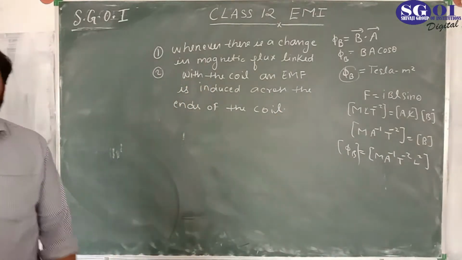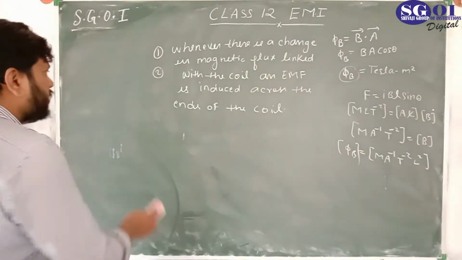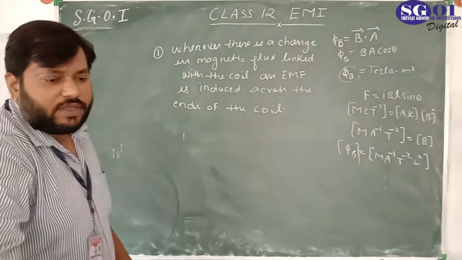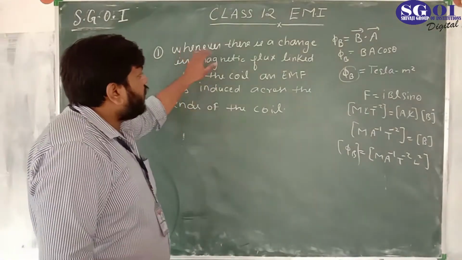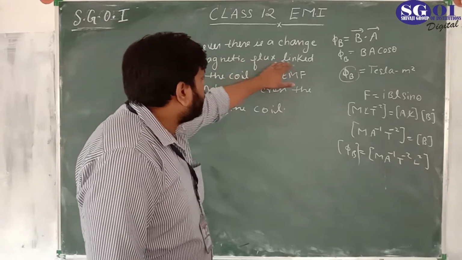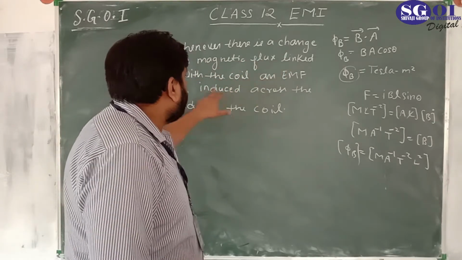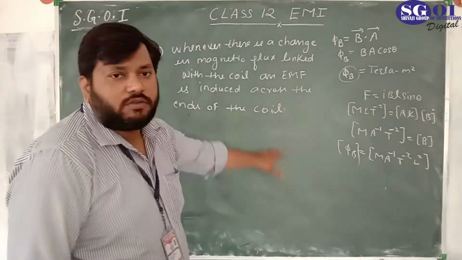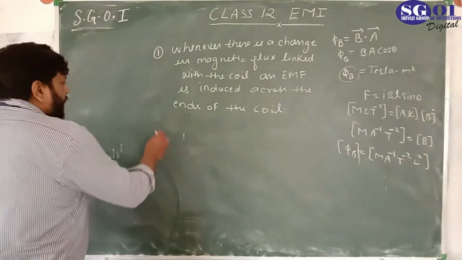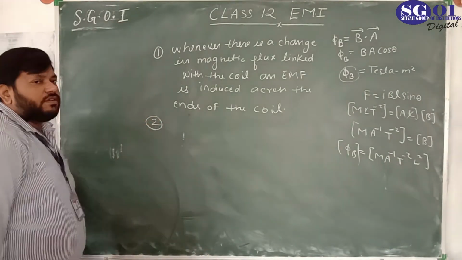So how is an EMF induced? This is given by Faraday's first law. Whenever there is a change in magnetic flux linked with the coil, an EMF is induced across the ends of the coil.